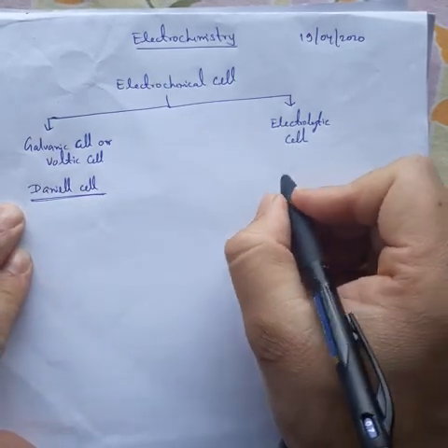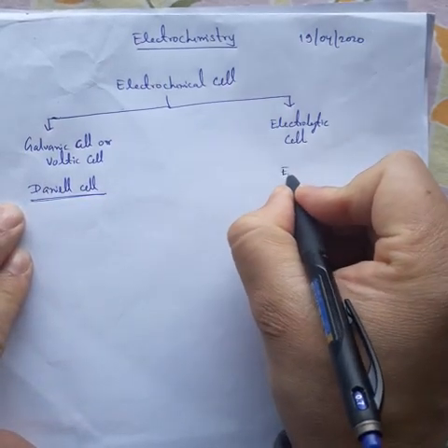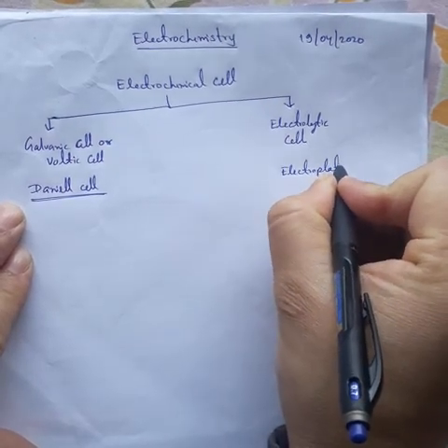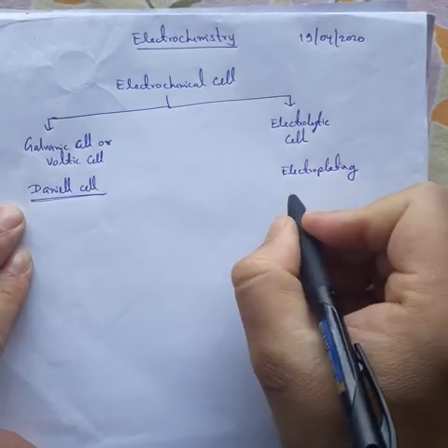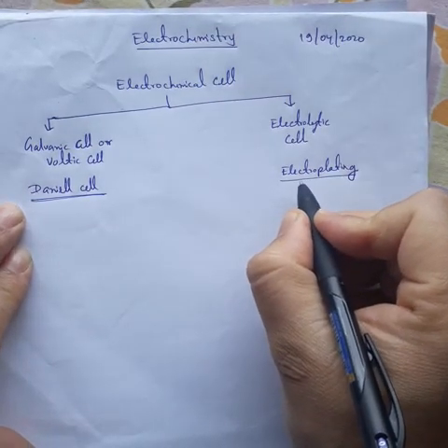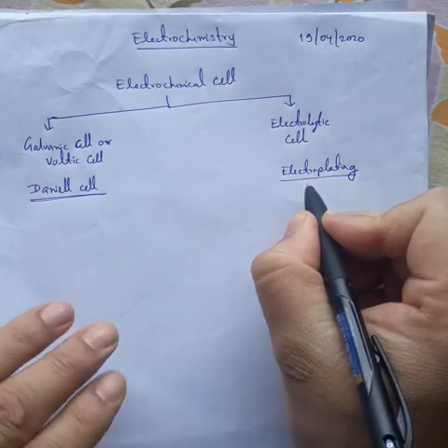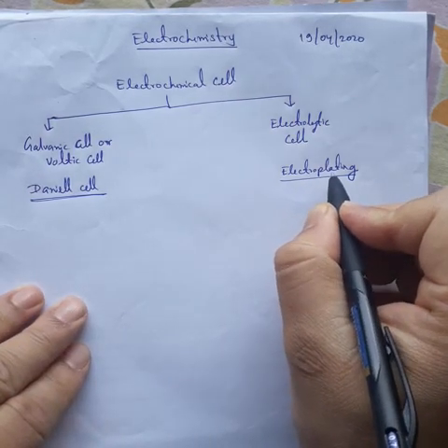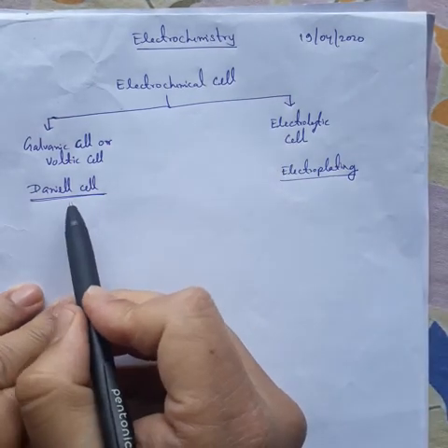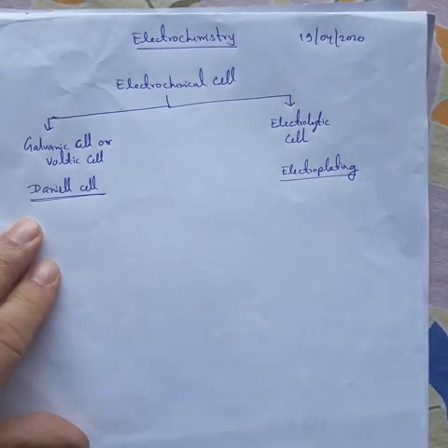Whereas in the electrolytic cell, we basically talk about electroplating. So what happens in electroplating? We know that electricity is used to perform certain reactions, to perform the plating. So here the electricity is used, and there the electricity is produced.